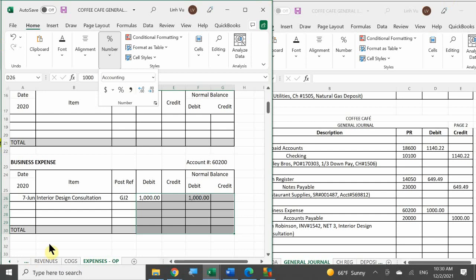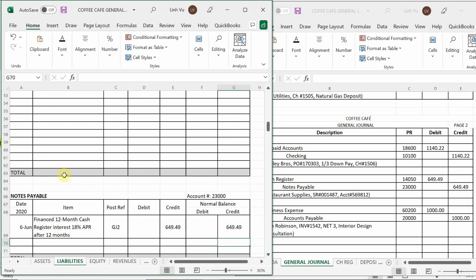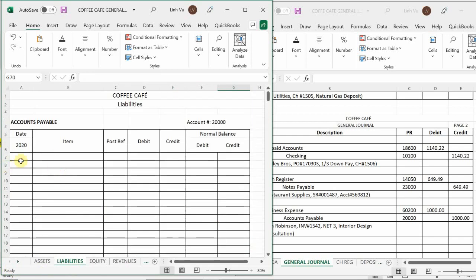And of course, because we said that we're not going to pay her now, we're going to pay her later, we need to update our liabilities because now we've created an accounts payable account. In this case, you have two options on what you want to do. I normally like to just put the invoice number on here.